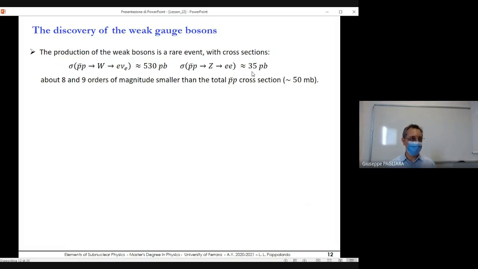Okay, another challenge. And so the only way to find these very rare events in a huge background was, of course, to look for the cleanest event topology possible. Okay. So suppose you create a W, and then the W decays into quark-antiquark. Quark-antiquark hadronize, and so at the end you get two jets. Is this a good channel to look at?